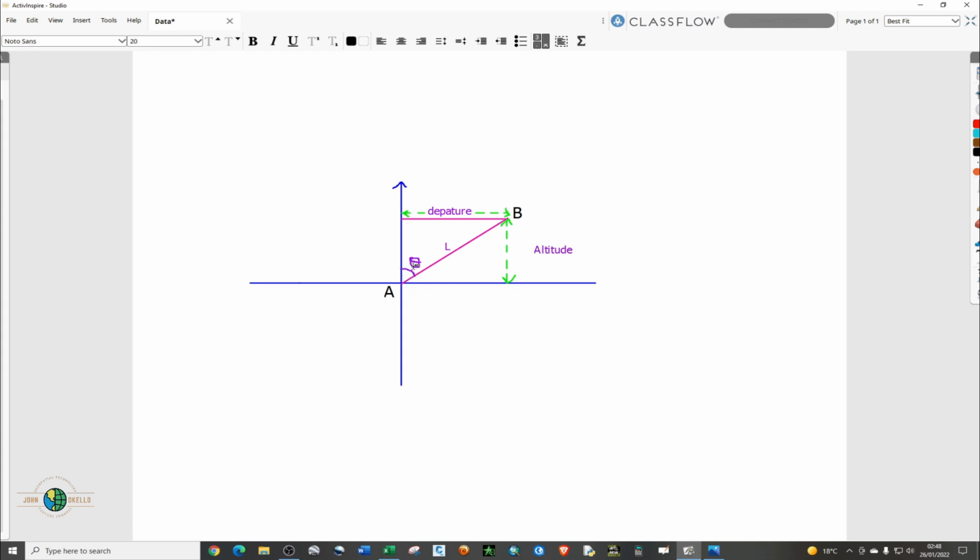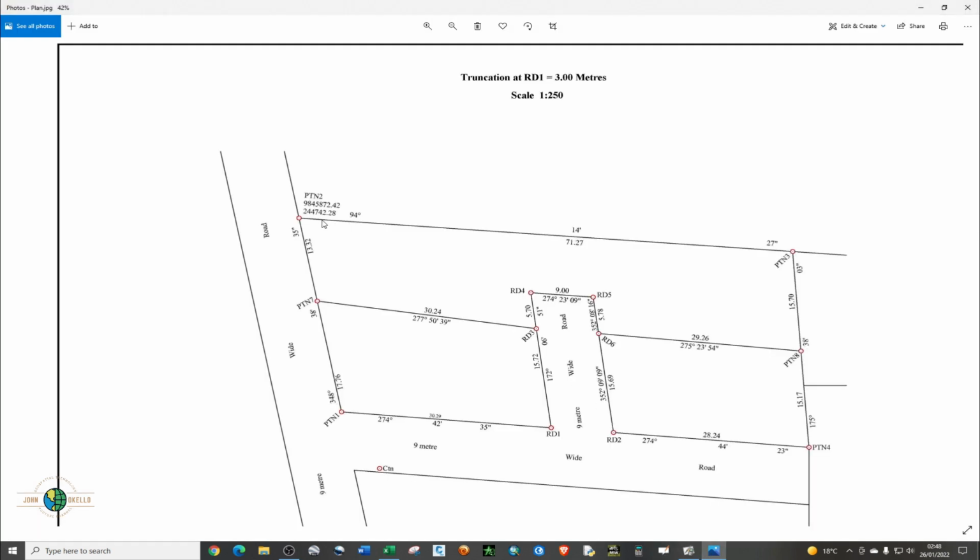So here we have the bearing, or the angle theta. Now we assume this is the ground distance that you have. For example, let me open this image.